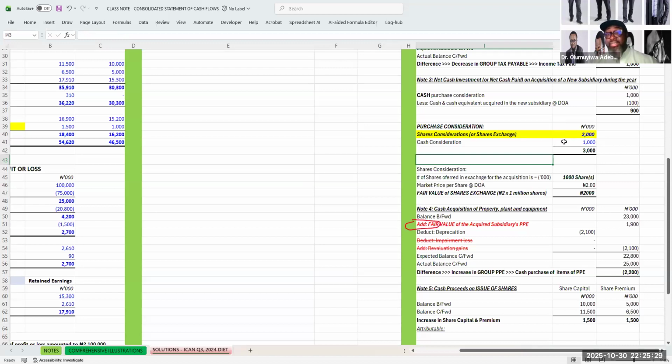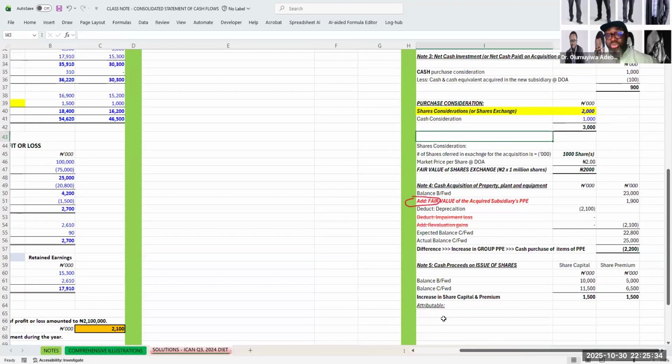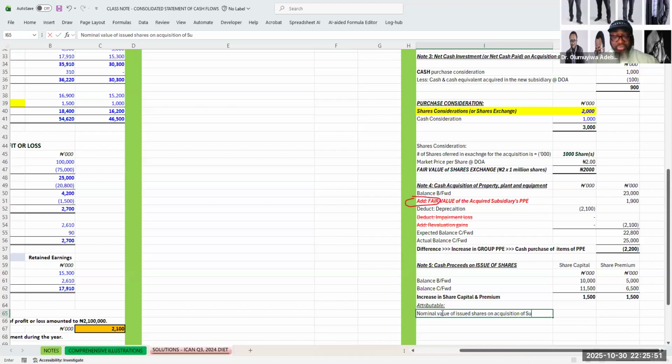Now, in that case, this 2 million naira can be attributed to the nominal value of issued shares on acquisition of subsidiary.